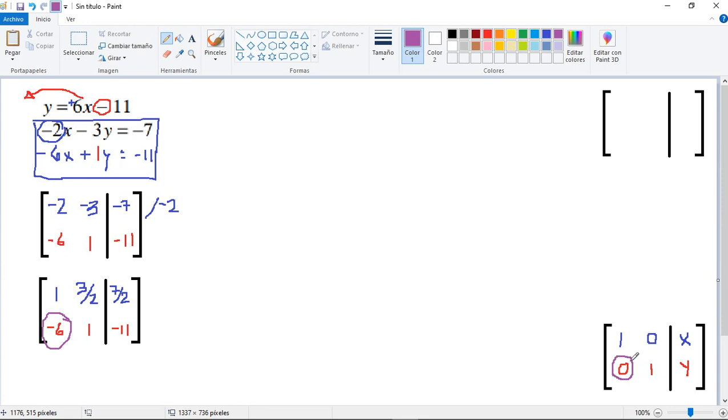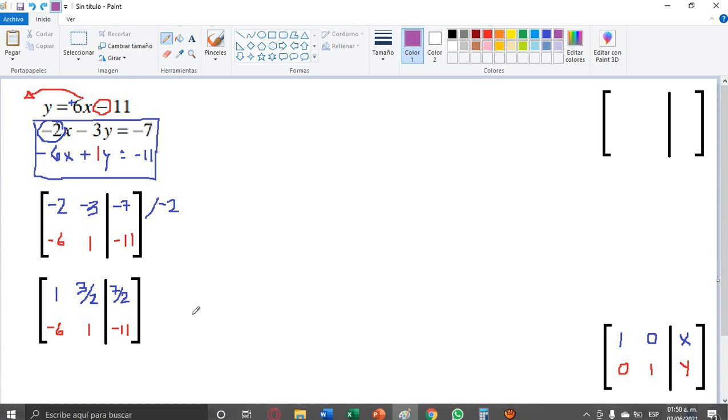Okay, so this step is a little bit, not really that much, it's a little bit more complicated than the previous step. So what we're going to do in here, we're going to need the help of the opposite row.